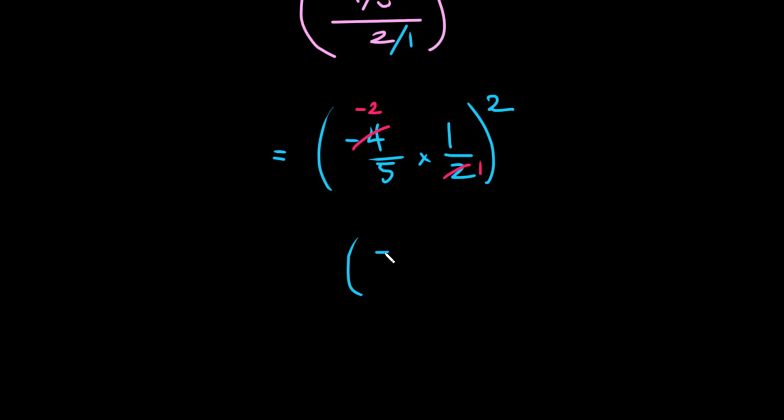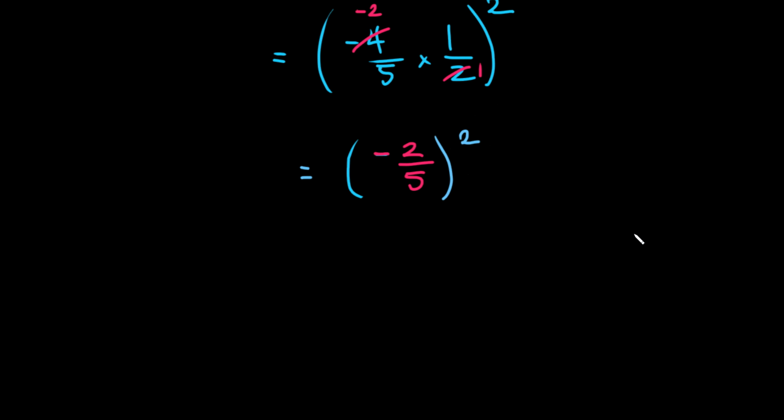So we avoid making big numbers by cross canceling and basically having a reduced fraction. So we got negative 2 fifths here. That ends up being squared. To square this, we just simply square negative 2, which is 4, and square 5, which is 25. There is our special term.